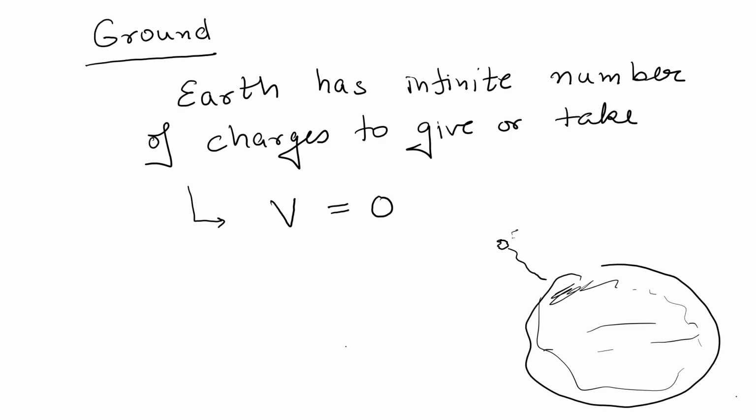If you have excess charges, it would happily take them. If you need charges, it will happily give you. And Earth is virtually sitting at infinity. Any part of the Earth is virtually sitting at infinity compared to the problem you have. So the potential is zero.